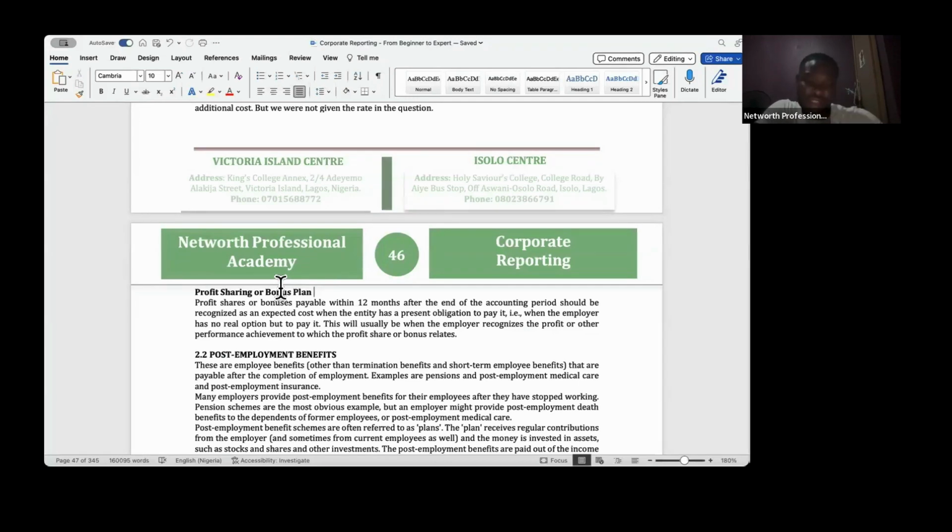At the end of the year, they have prepared their management account and they see that they have made so much profit, and they have told the staff that you are all entitled to a profit share. They have made that statement publicly, so the employer has no real option but to pay it. In that case, you can recognize that profit share.